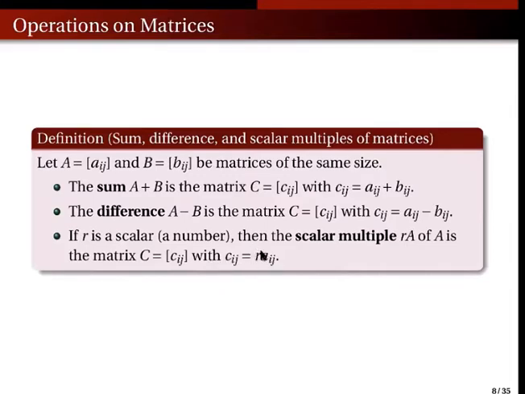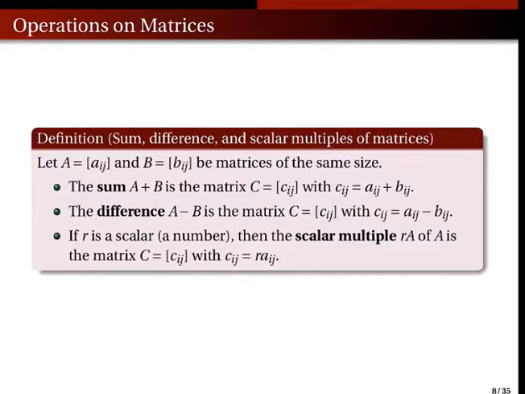So meaning you multiply your scalar to every entry in the matrix A. So again, if you add two matrices, you add entry-wise. If you subtract matrices, you subtract entry-wise. If you do scalar multiplication, you multiply the scalar to every entry of the matrix.